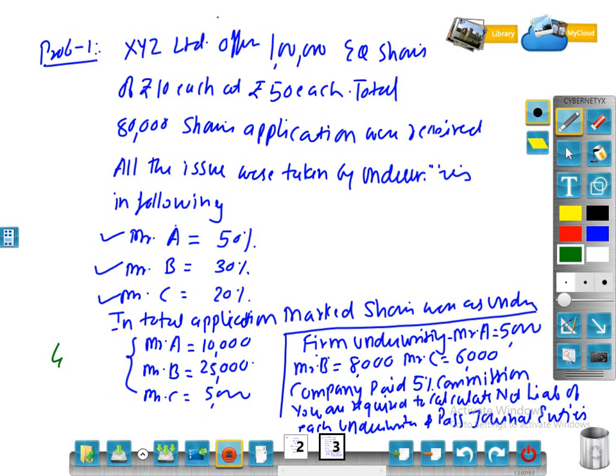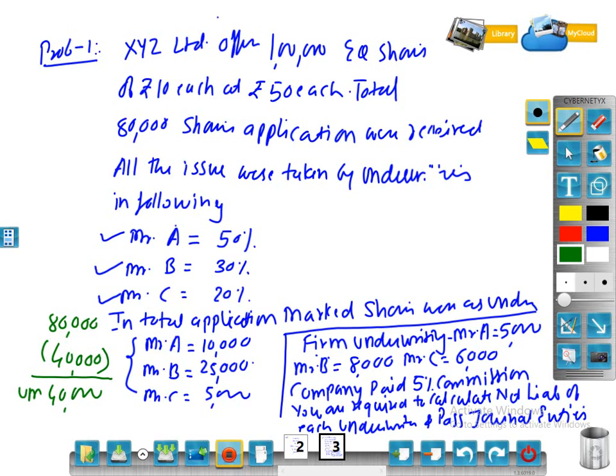Total applications received are 80,000. If you deduct the marked shares, the balance is called unmarked shares. So 40,000 is the balance of unmarked shares.